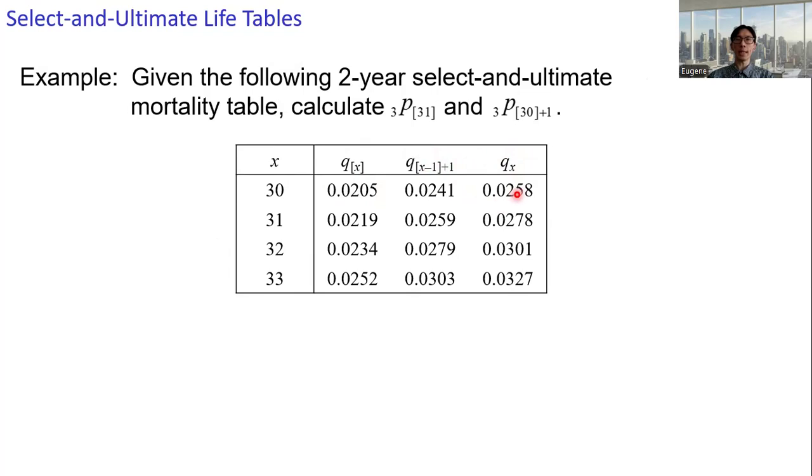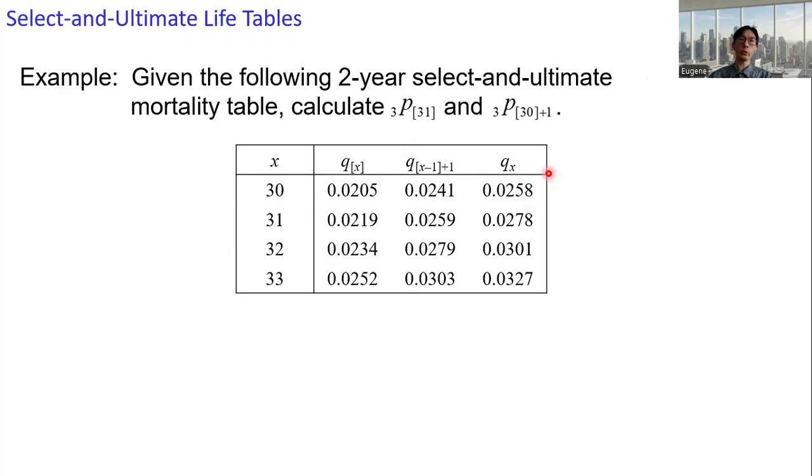So each row represents the attained age of the individual. That is, at x equals 30, an individual select at age 30, the corresponding q value is q[30]. And then the next number on the right, this corresponds to an individual select at age 29, and then 1 year later, reaching age 30, the corresponding probability is 0.0241. And then for the non-select group, the corresponding q is 0.0258.